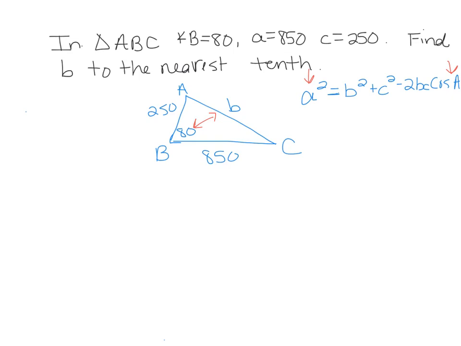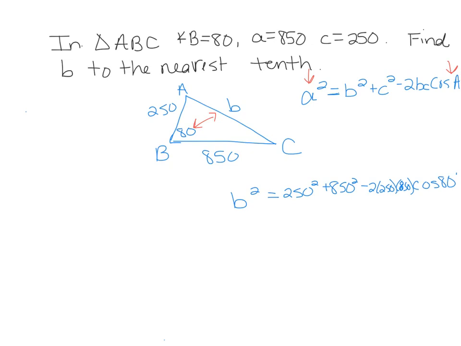So this gives me B squared and then cosine of 80 on this side. And then I have 250 squared plus 850 squared minus 2 times 250 times 850 in here. Sorry, that's a little bit hard to read. That's an 850.